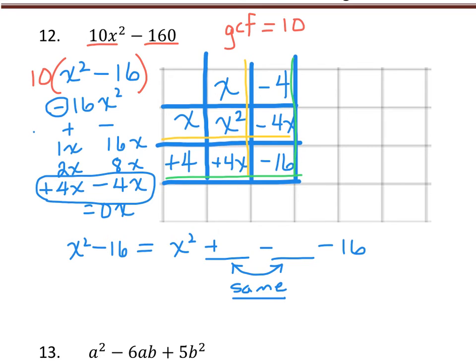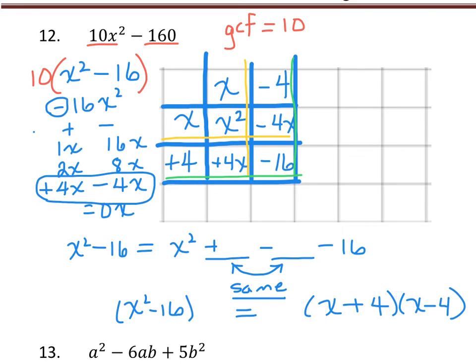And so our ultimate product here, x squared minus 16, factors into x plus 4 and x minus 4, but you never forget your greatest common factor.